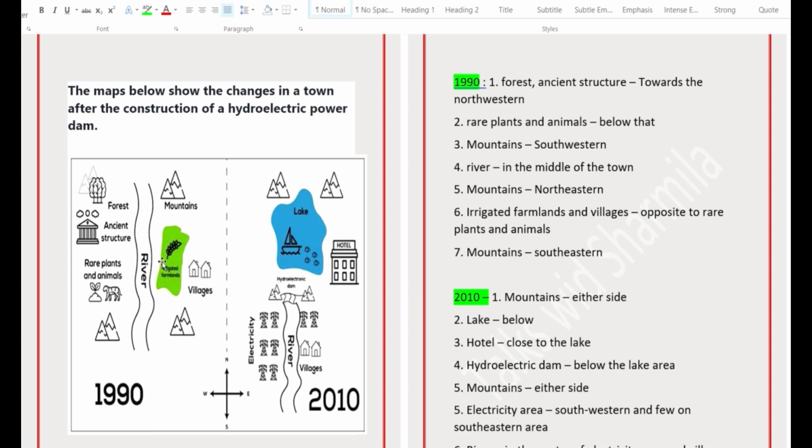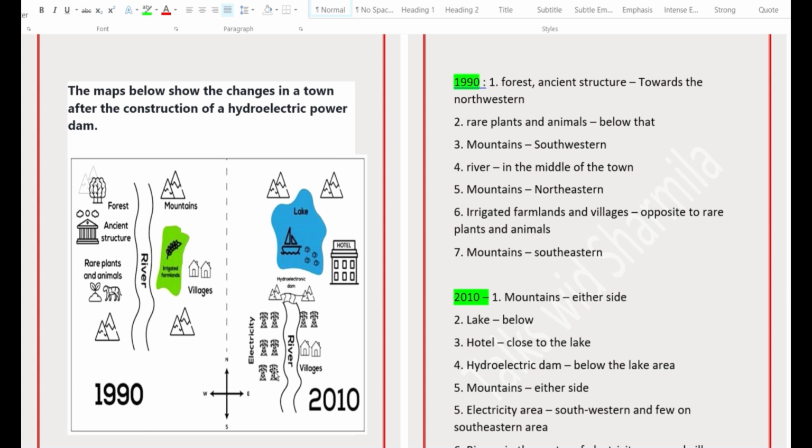The more you are focusing, the more impromptu a speaker or impromptu writer you become, because words automatically pop up rather than you force them to recollect. Then these are the mountains on the southeastern part.